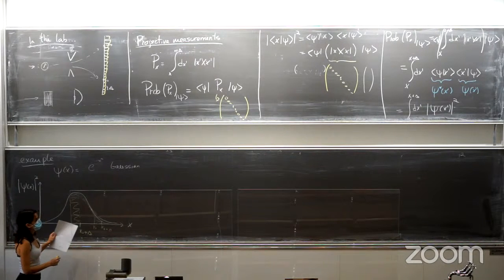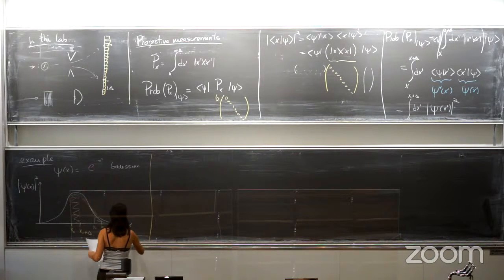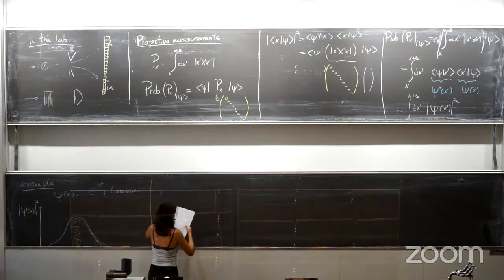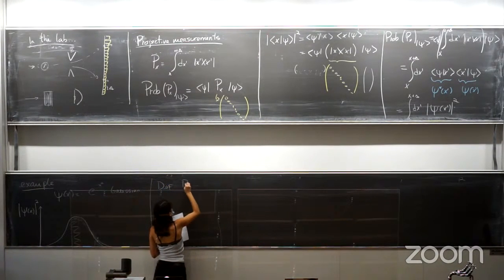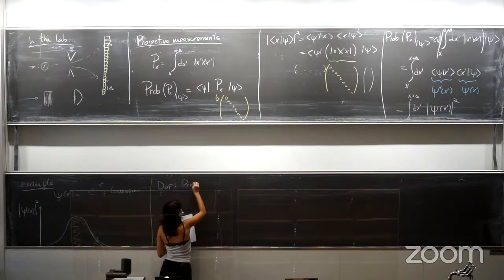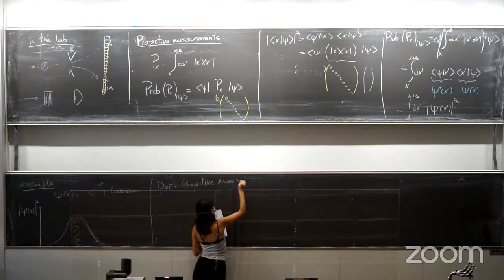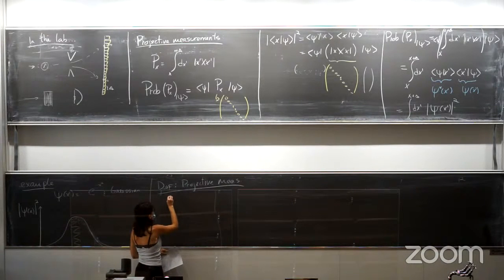Good. So that's an example of a projective measurement, but more general, both in the discrete case and in the continuous case. The definition of projective measurement is you represent the measurement by a family of projectors.